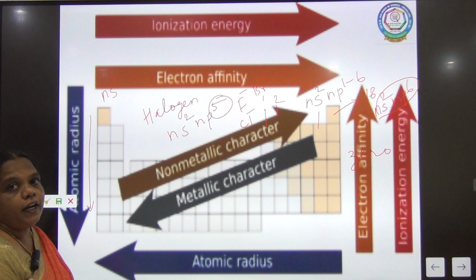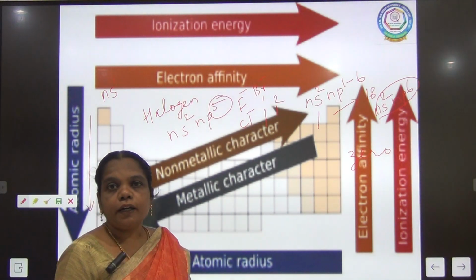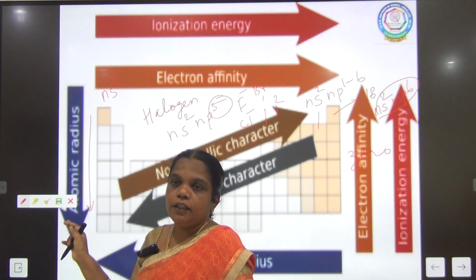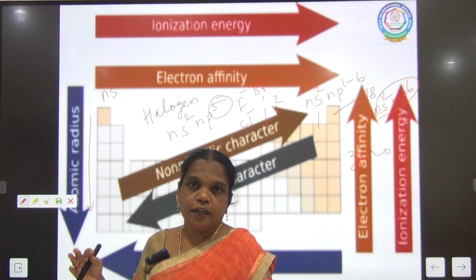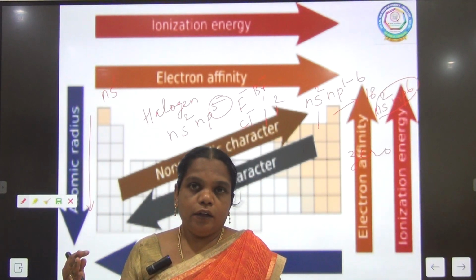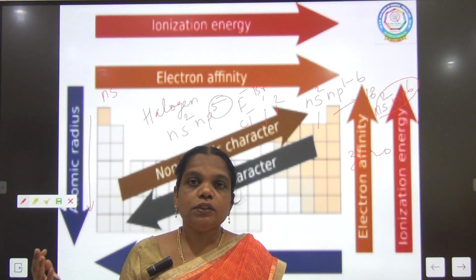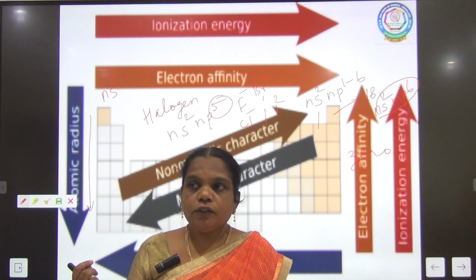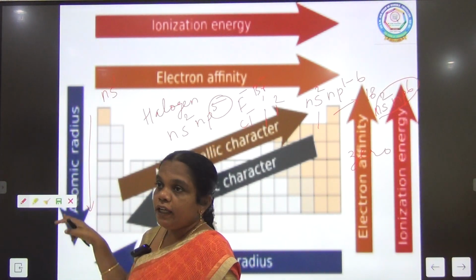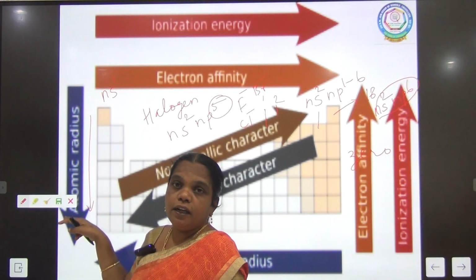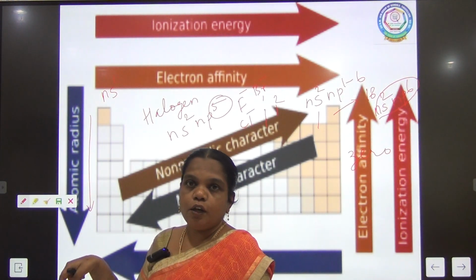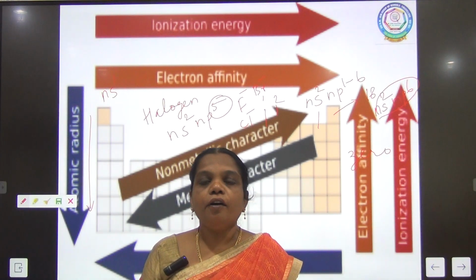If you compare the atoms down the group, the size of an atom increases, so the outermost electrons are moving away from the nucleus. So the attraction towards the nucleus is very little, and the electron affinity decreases down the group. So this is all about electron affinity.